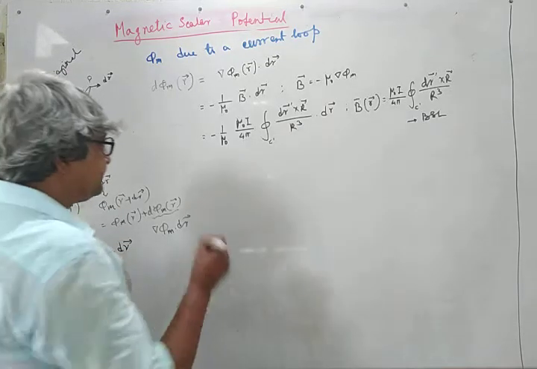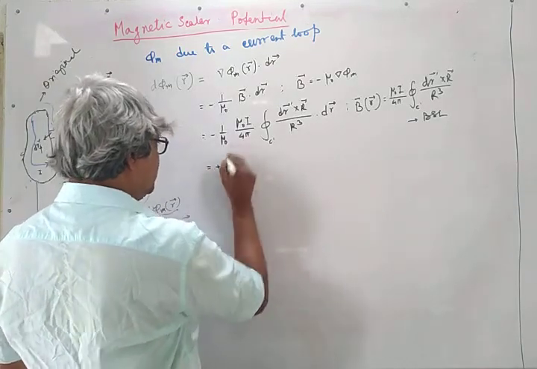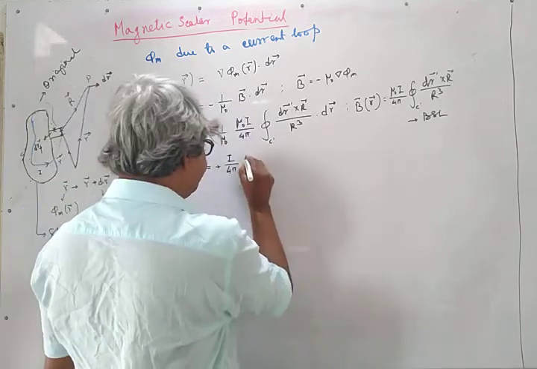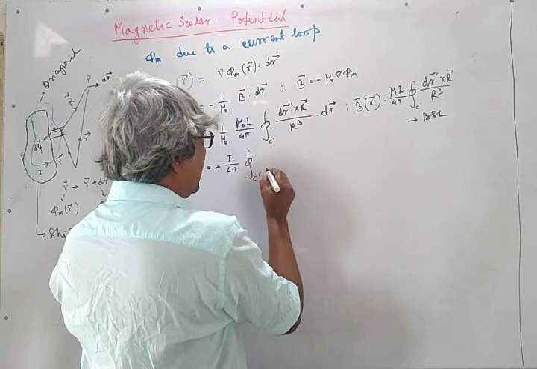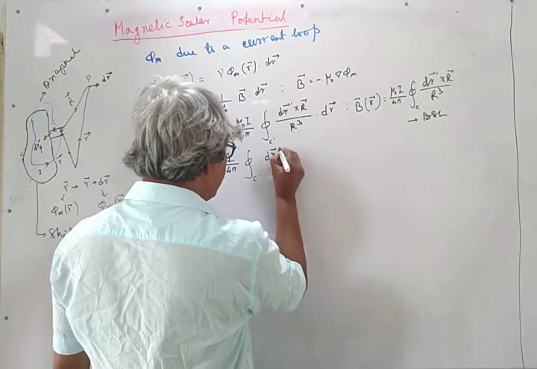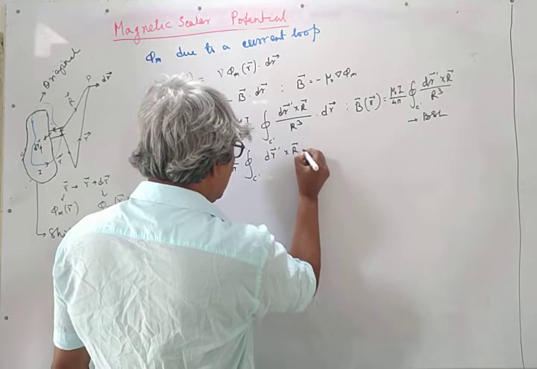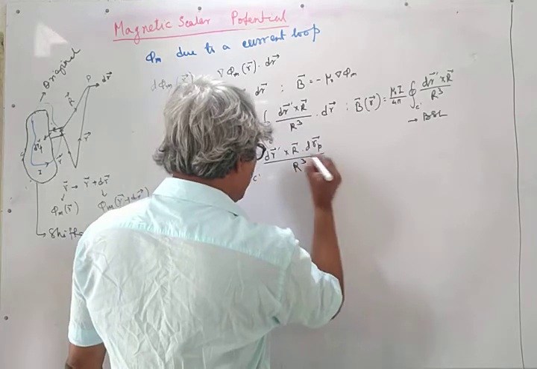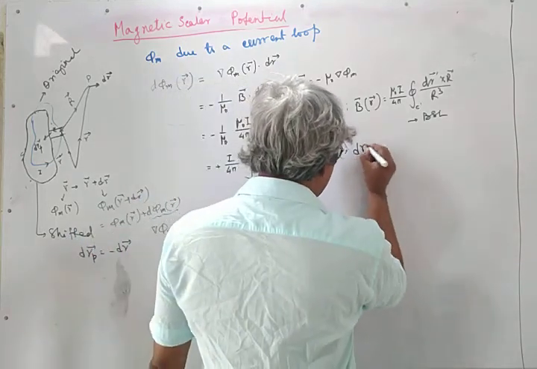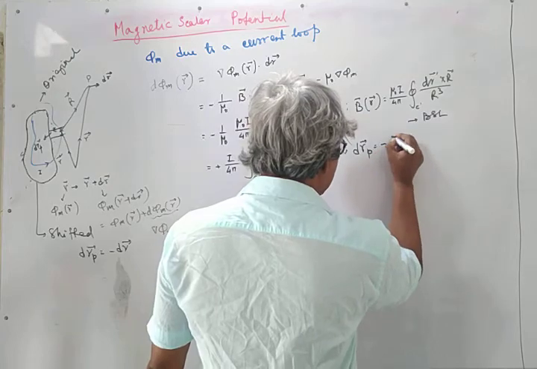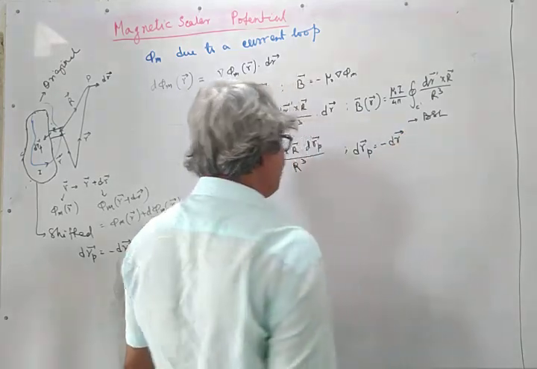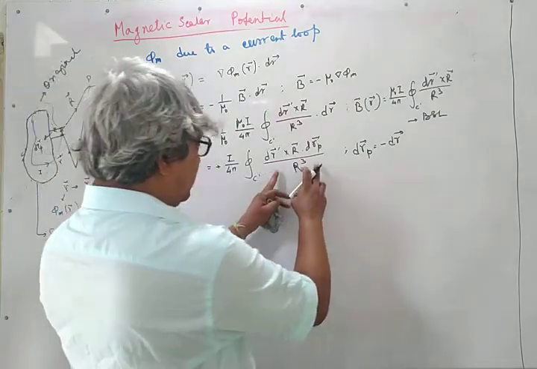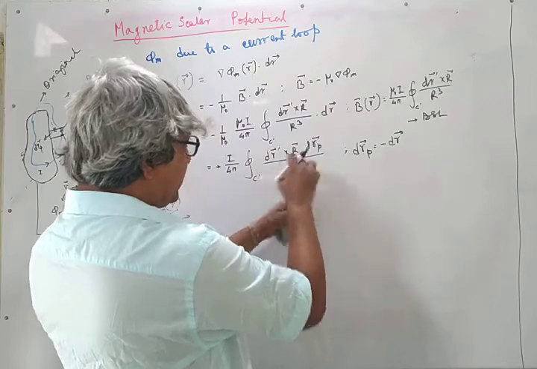In that case, this mu 0 cancels out, I upon 4 pi, and this sign is plus, and this becomes dr prime cross R dot drp upon R cube, where drp is equal to minus dr. Now you see this is the dot product as scalar triple product, so order can be interchanged.